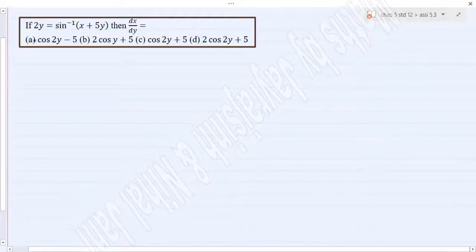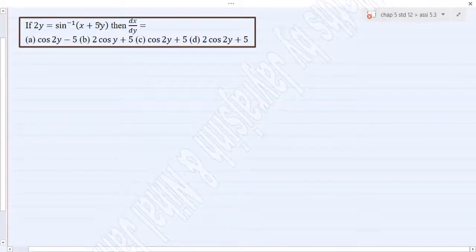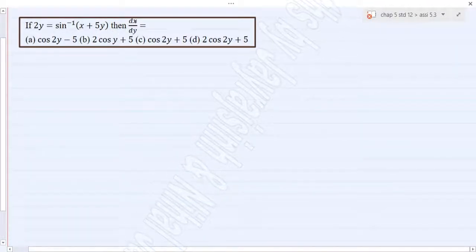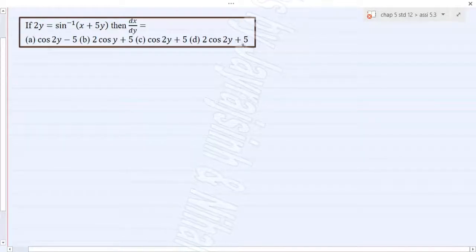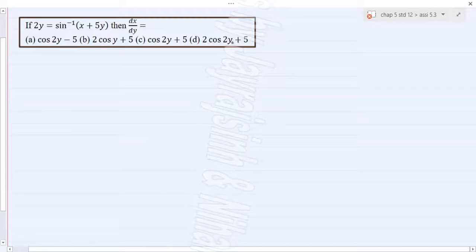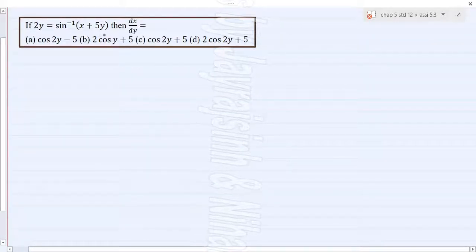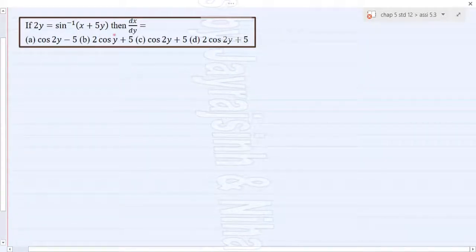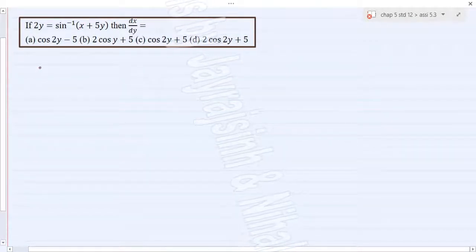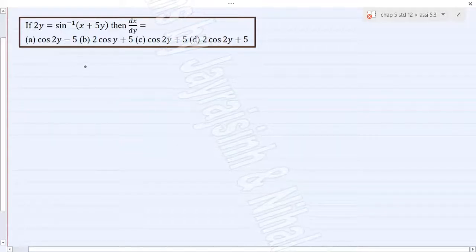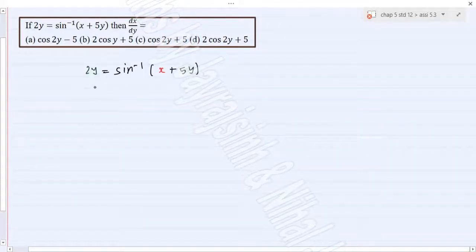Here we have 2y is equal to sine inverse of x plus 5y. Then we have to find dx by dy. It is observable that your dx by dy should be purely a function of y. So in this kind of a case, we have to make x the subject. And for that, initially, we have to write down our equation.